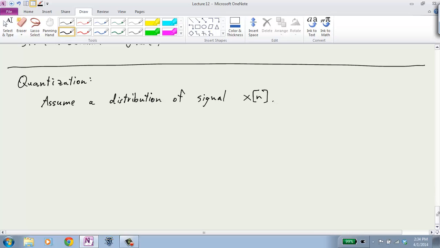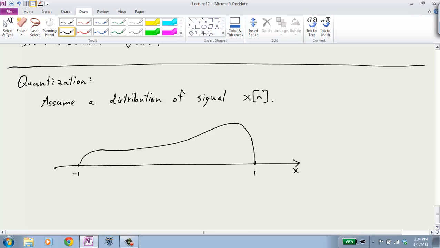We need to assume some distribution to talk about the error. Okay. Now, one simple thing, so let's assume we know that it has some distribution. Here's the value of x. Let's say we know that it's distributed like this. Okay. What this means is, so this is f sub x.